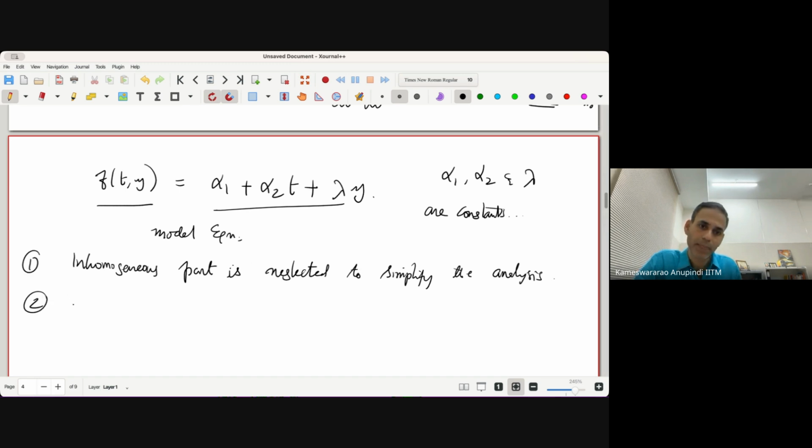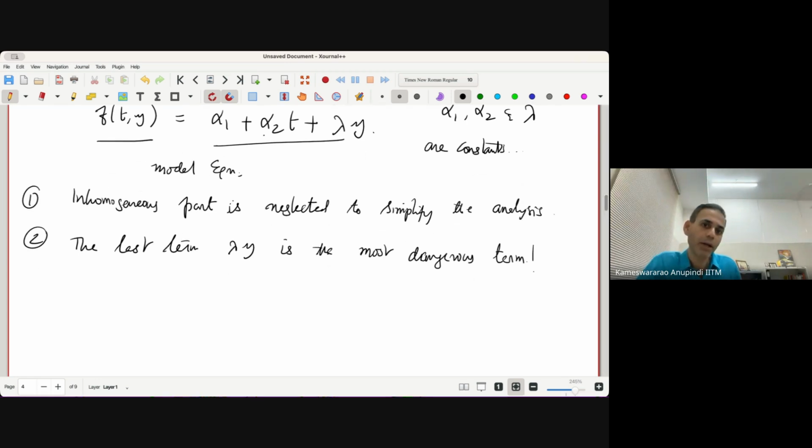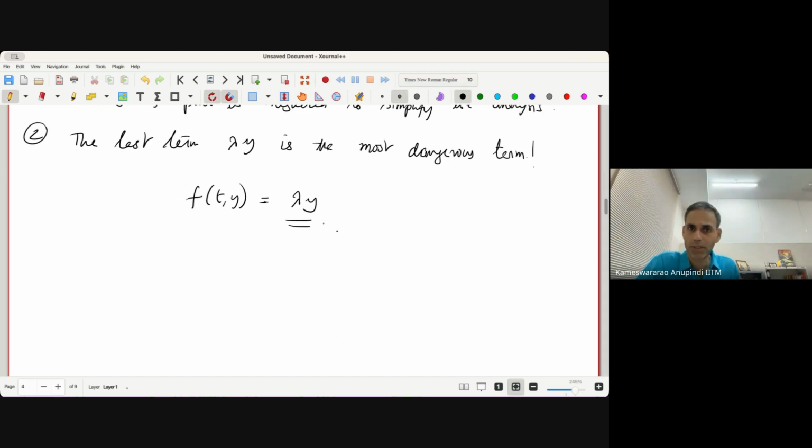The other part is that the last term, lambda y, is the most dangerous term. So if I neglect alpha 1 and alpha 2 t, then I can write f of t, y equals lambda y. We say that we need to include this term because this is the most dangerous term in the formulation. Why is this the most dangerous term?